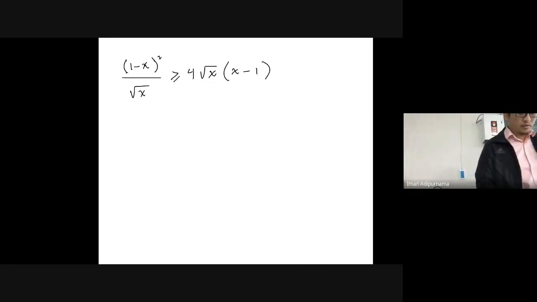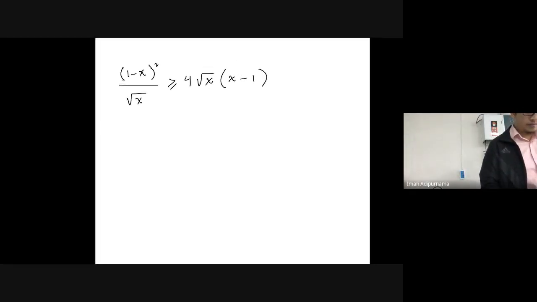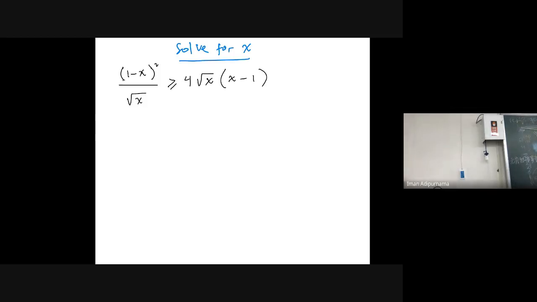Solve for x. Let, it is just to remind you.